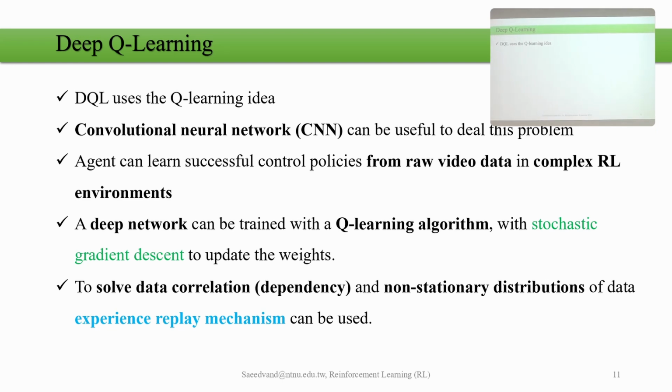Now, we want to talk about deep Q-learning, that is using the Q-learning idea. First of all, let's include in our network a convolutional neural network, CNN, that is useful to reduce the dimensionality of my problem.